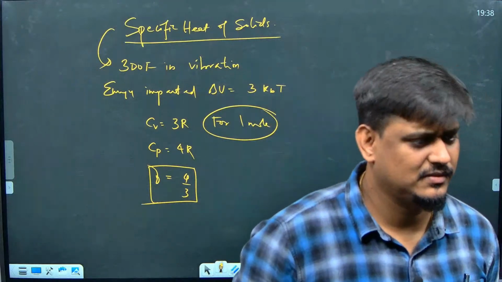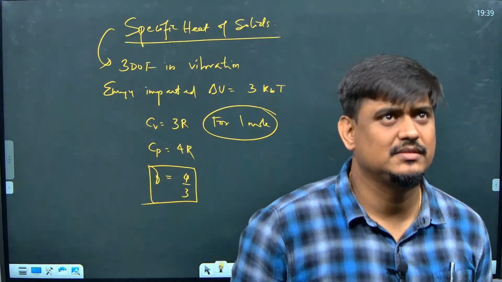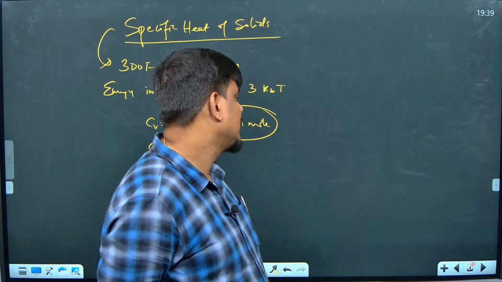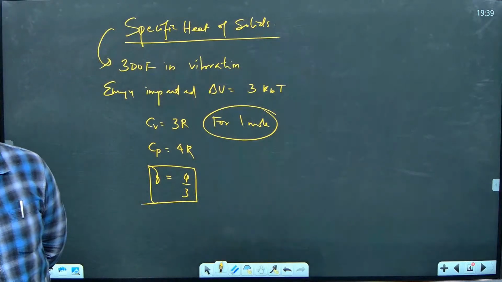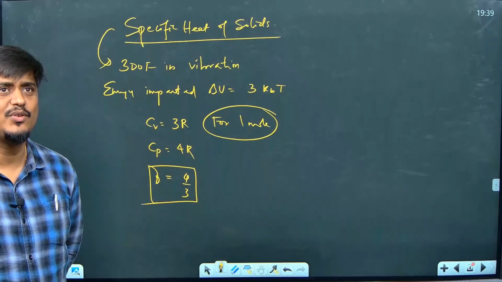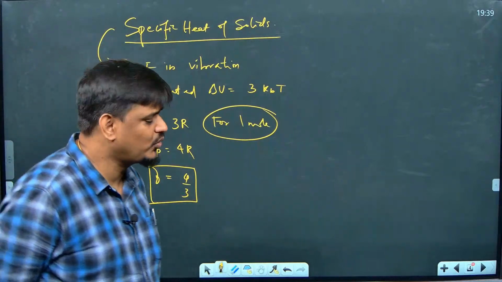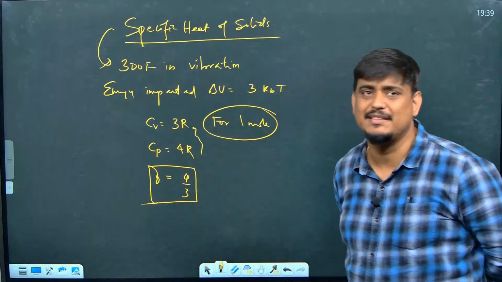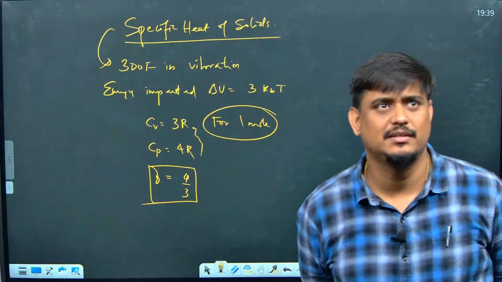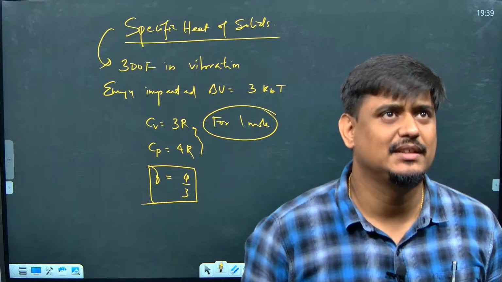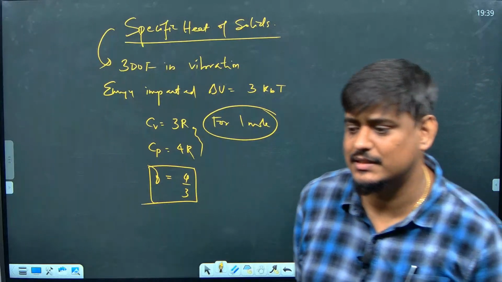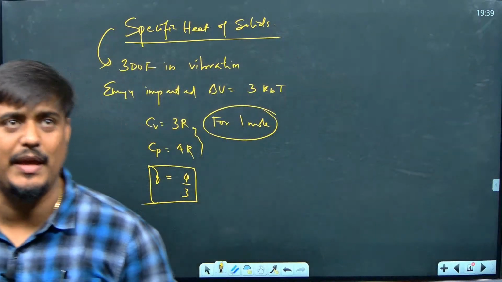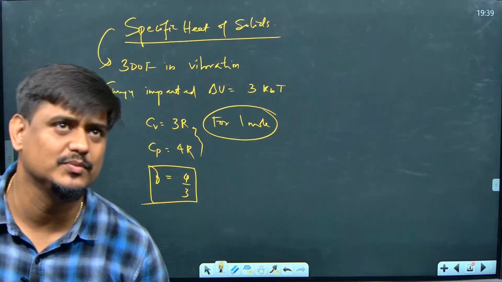There will be a very little change in volume, negligible. But there is not much difference in Cp and Cv. So what you are thinking is partially correct. Don't think they will have the same value, they will have a little different value.